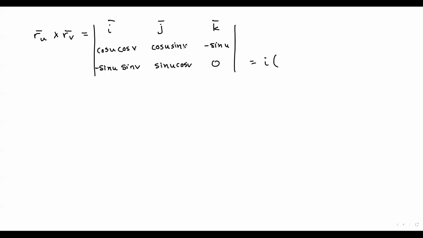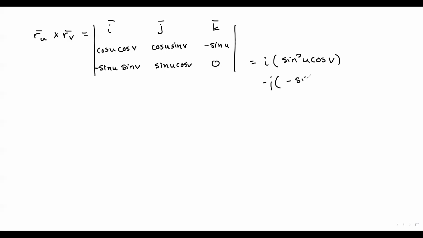So we're going to have 0 minus a negative sine squared cosine V. So the double negative, we're going to get sine squared U cosine V, minus J. This times this. So we're going to have triple negative there.